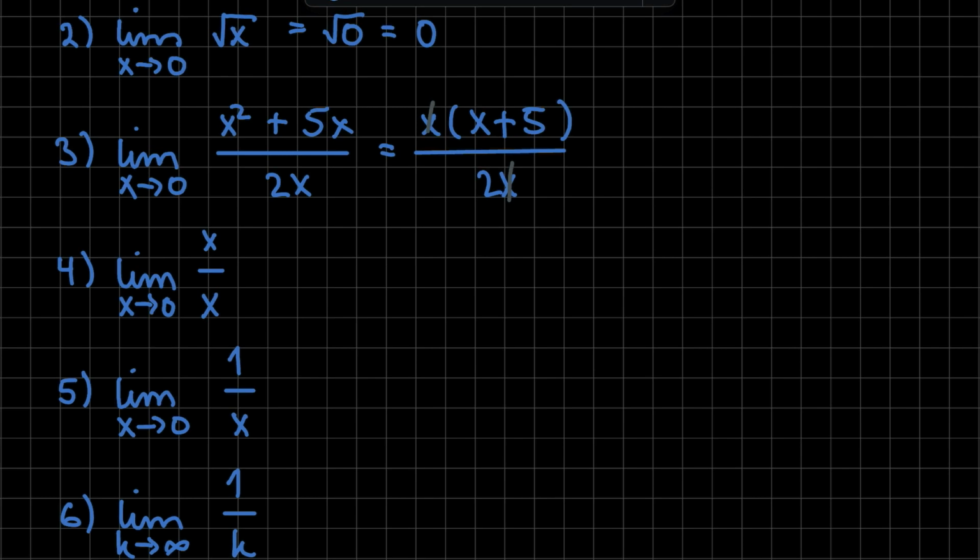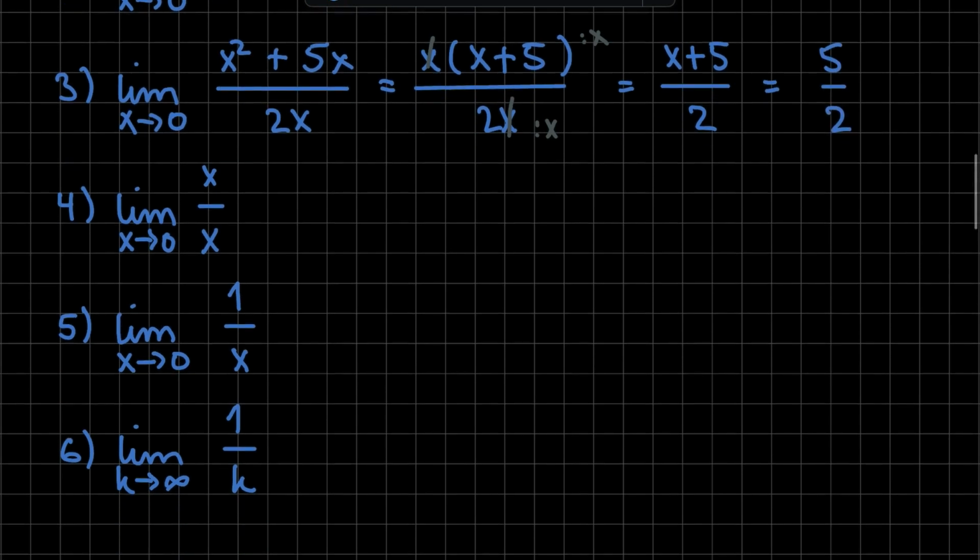We're essentially dividing the numerator by x, and we're dividing the denominator by x. After that operation, we're just left with x plus 5 over 2. And now when x tends to 0, we're just going to have 5 on the numerator and 2 on the denominator. So that's our final answer, 5 over 2.